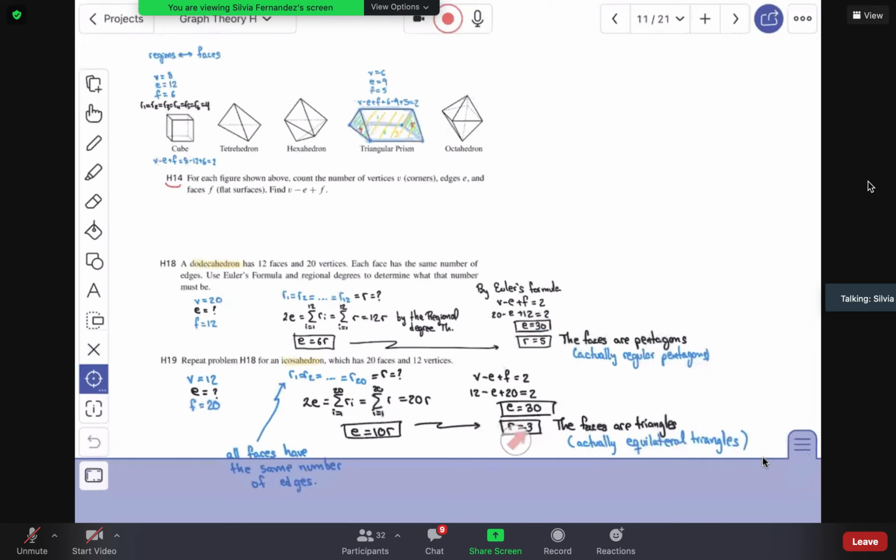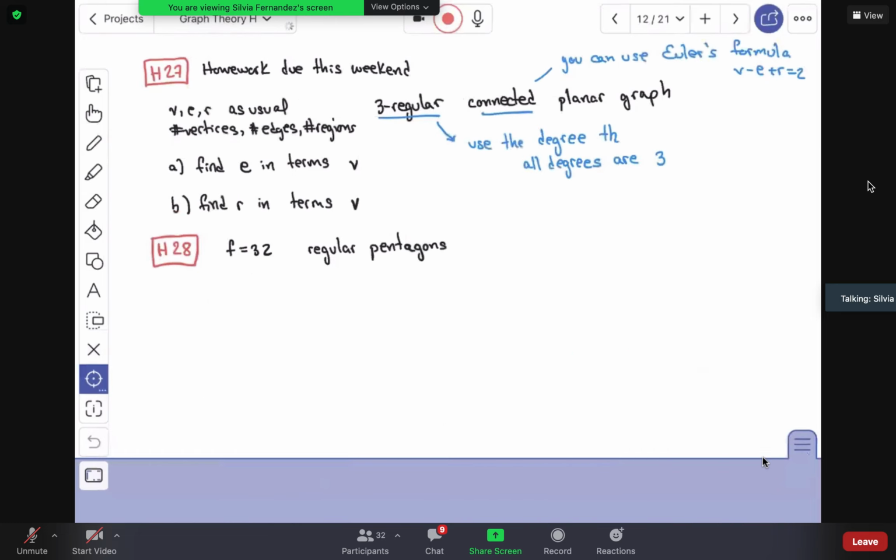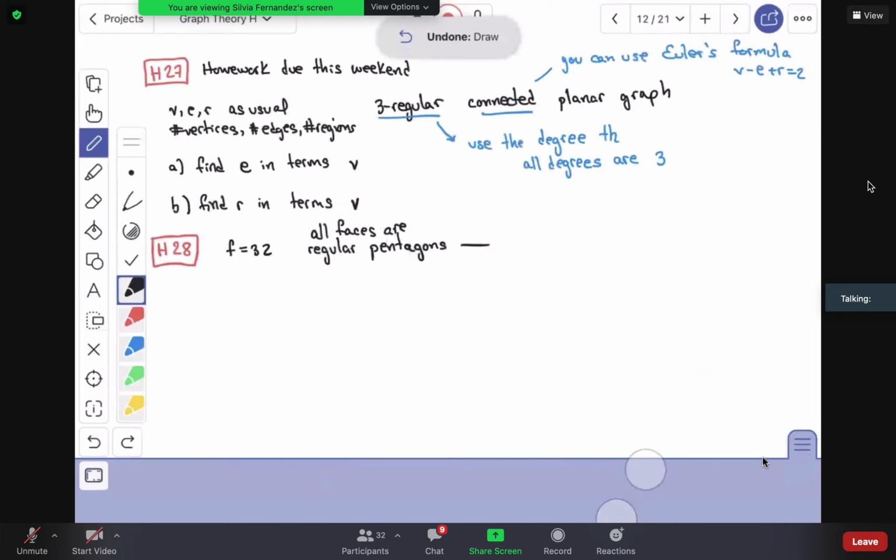And when all the regional degrees are 3, it's telling you how big they are, what kind of shape they are. These are triangles. So when they told you that all the faces are regular pentagons, what I'm telling you is that R1, R2, R3, the regional degrees, are 5.